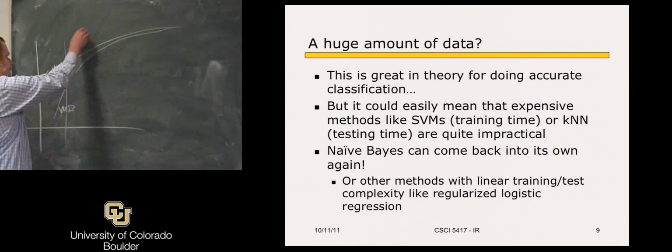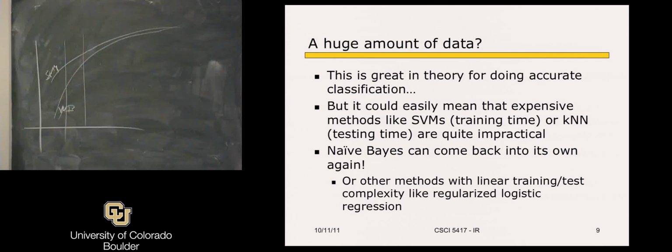So if you're someplace like this, and you want to make up this difference, and you've been using naive Bayes, do you advertise to hire somebody who's got a PhD in machine learning from Carnegie Mellon and pay them $200,000 a year in order to get your performance from here to here?